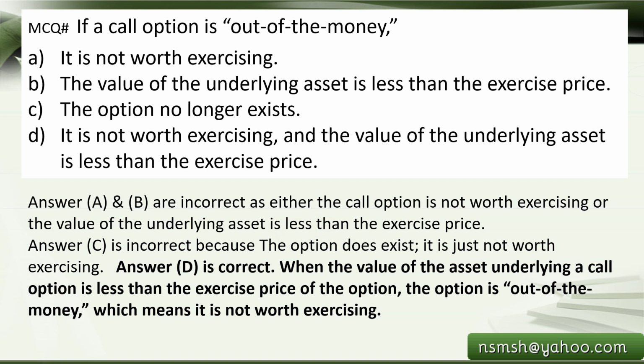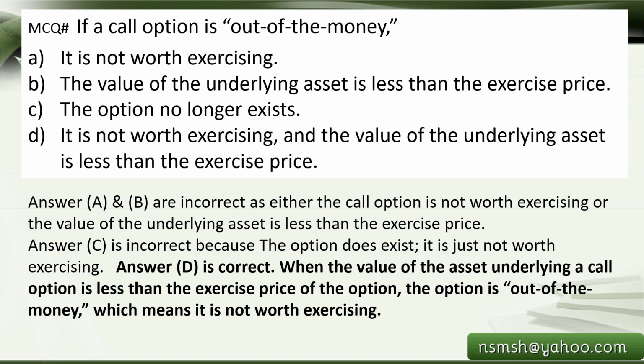So now multiple choice questions. If a call option is out of the money, so we have just seen the definitions also. If a call option is out of the money, whether option A, it is not worth exercising, or option B, the value of the underlying asset is less than the exercise price, or option C, the option no longer exists, or option D, it is not worth exercising and the value of the underlying asset is less than the exercise price.